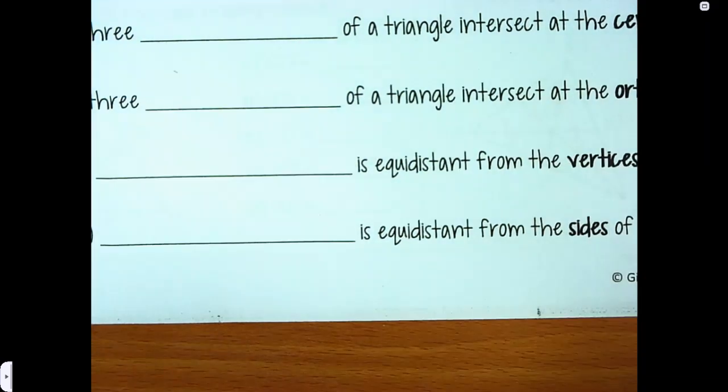You're bisecting it, so that way the circumcenter to the vertex are always going to be congruent. Even though your perpendicular bisector to the circumcenter are not congruent, the circumcenter to the vertices will always be congruent.